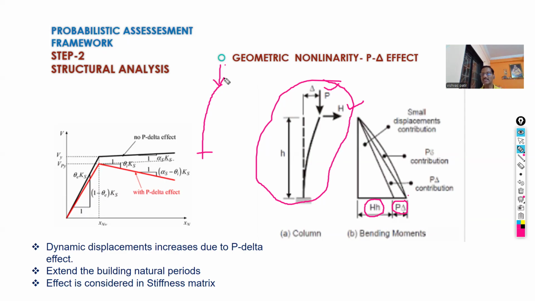In one line, because of the P delta effect, because of this secondary moment, the structure behavior becomes soft, and stiffness reduces. This effect should also be considered in the analysis, so the stiffness matrix must be updated. This reduction in stiffness is shown in this figure. So this is the P delta effect.